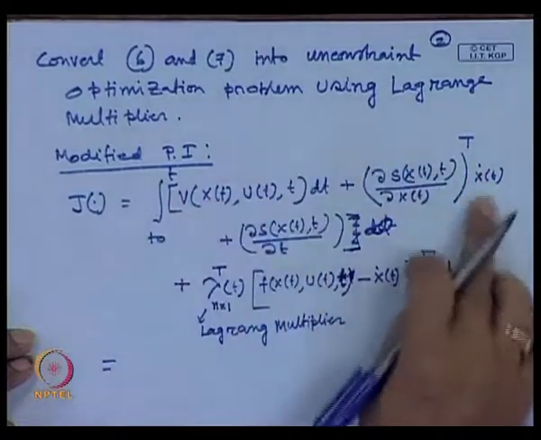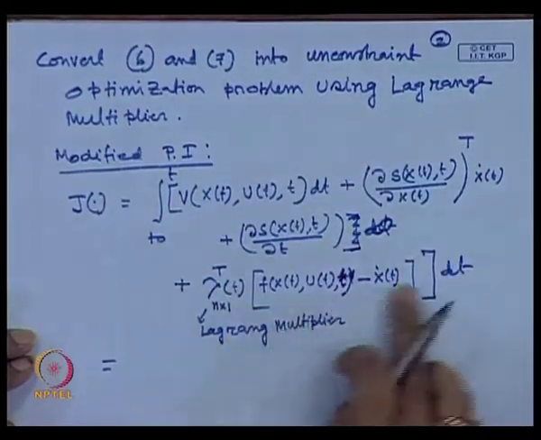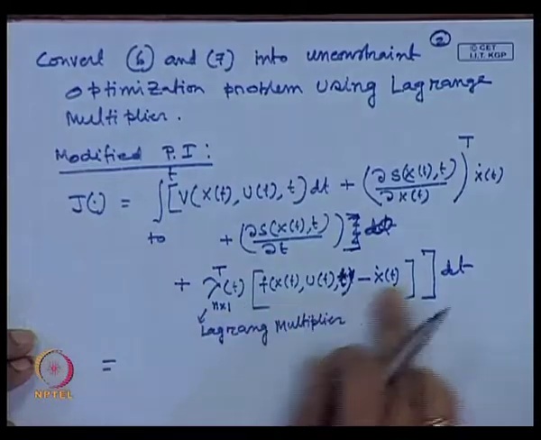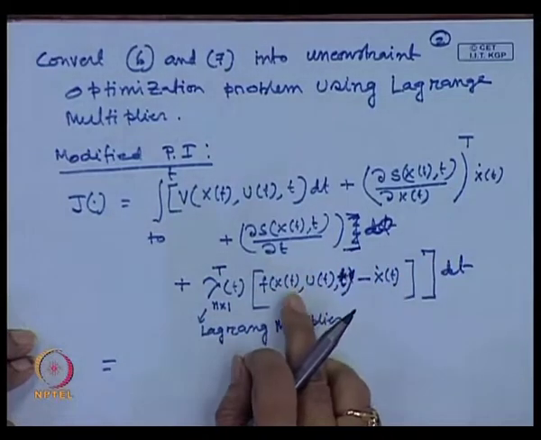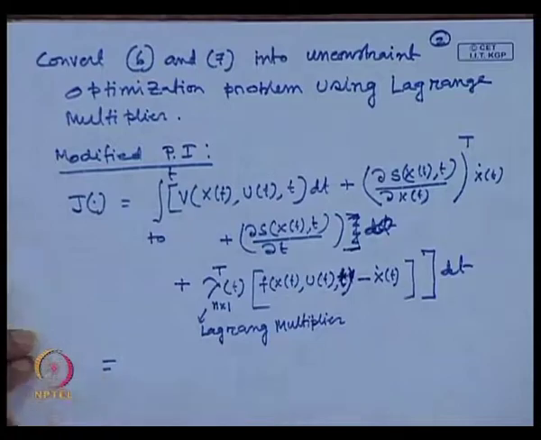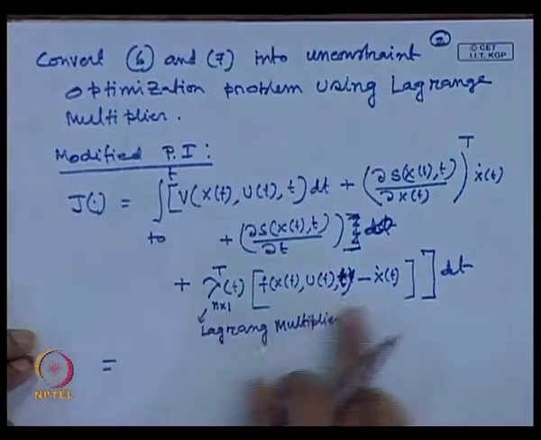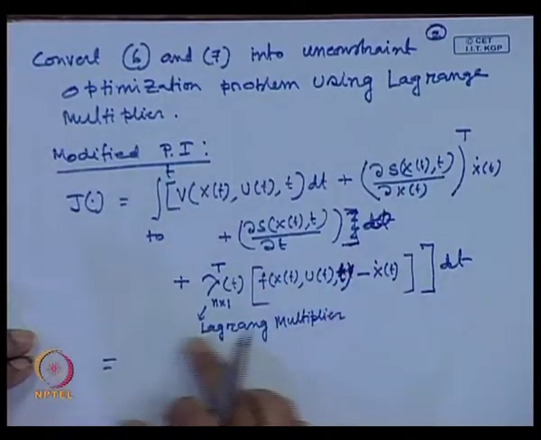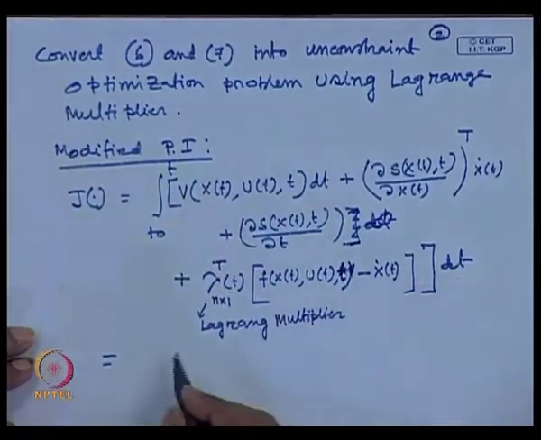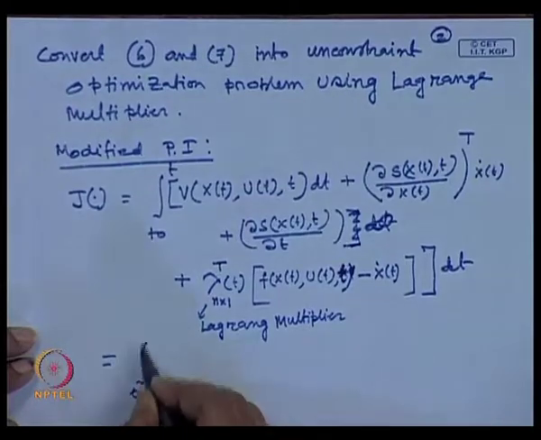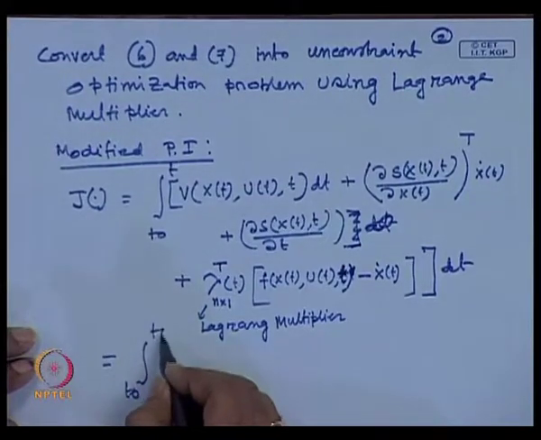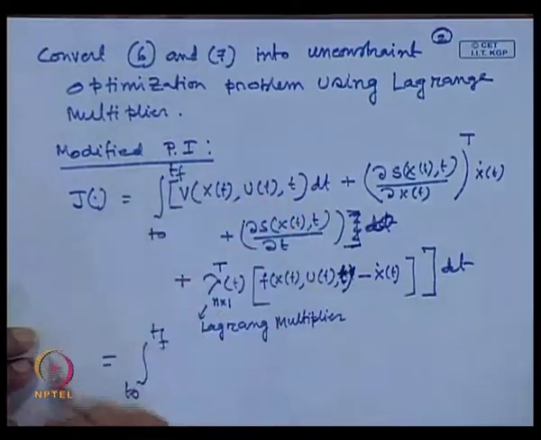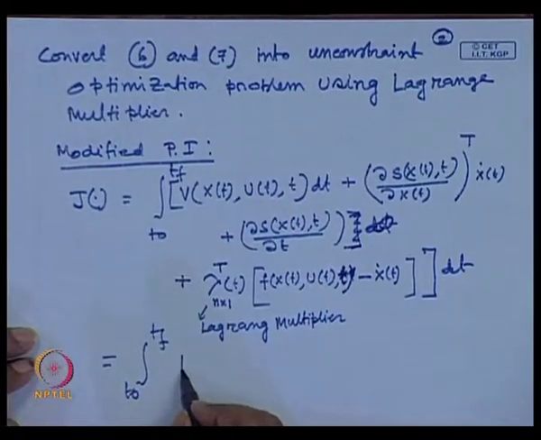So, now see this performance index of that one is same as before, because this part is 0 when we optimize the function, that is our objective function. This part must be 0, because it must satisfy our constraint. So, this I have just written. That is equivalent to the integral from T 0 to T f of another function, which is called the Lagrange function.